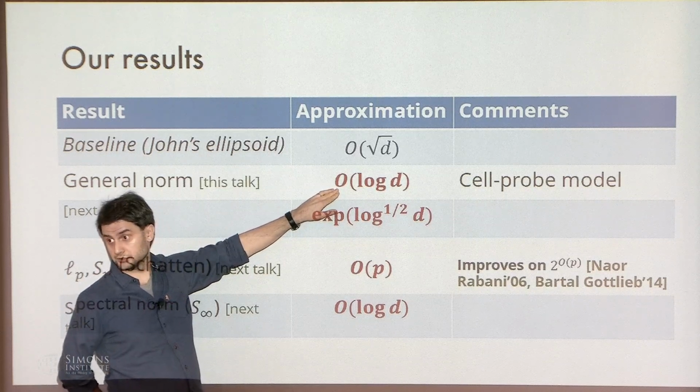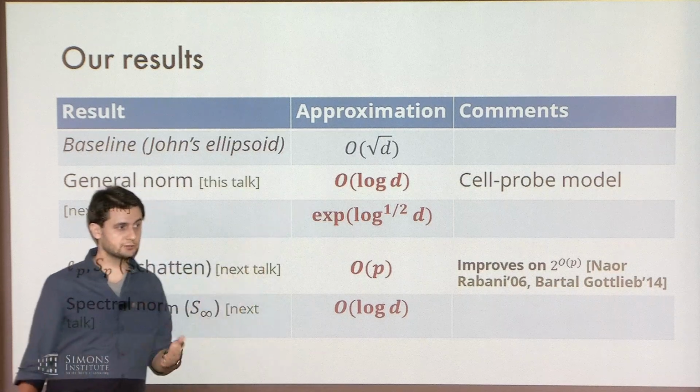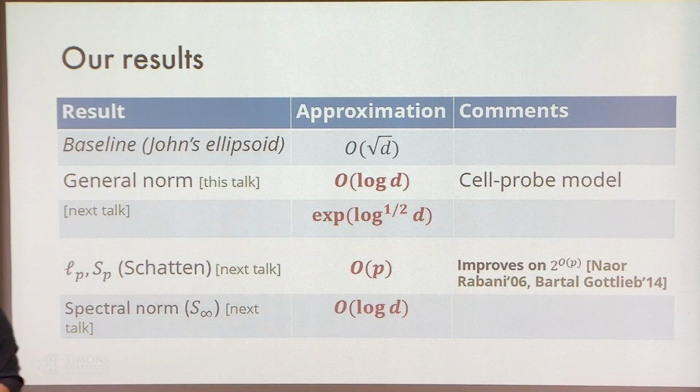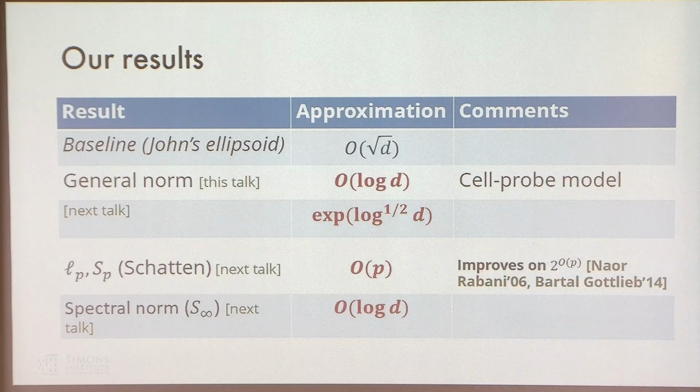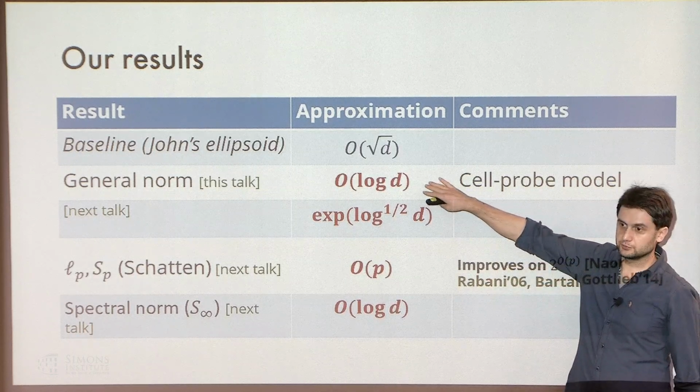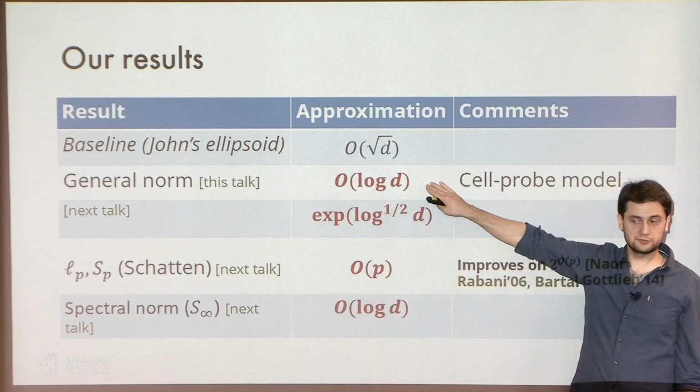We do not know whether for general norms we can get log d or not, but our particular approach gets log d only. Actually, l_infinity is itself an example for our approach: with our approach we cannot beat log d approximation, even though in principle there is another algorithm that gets log d.